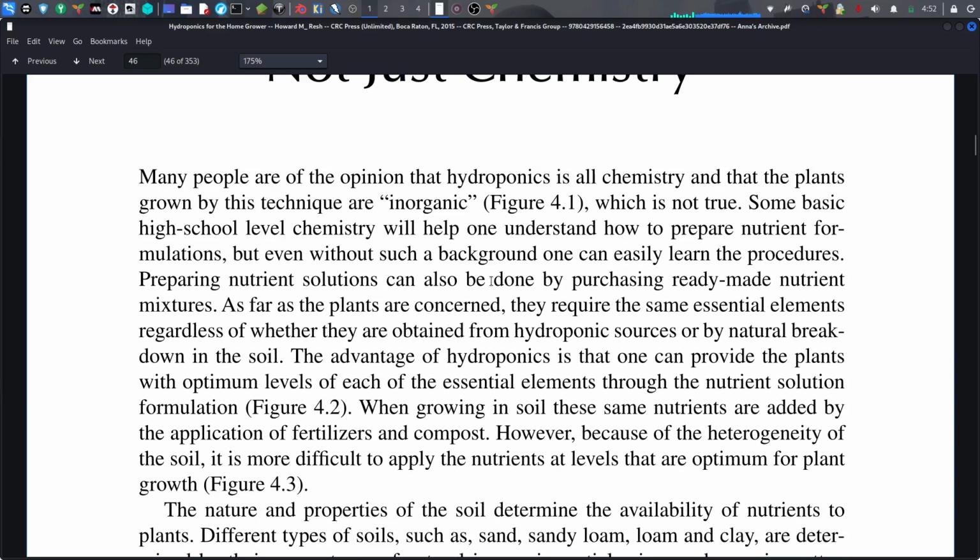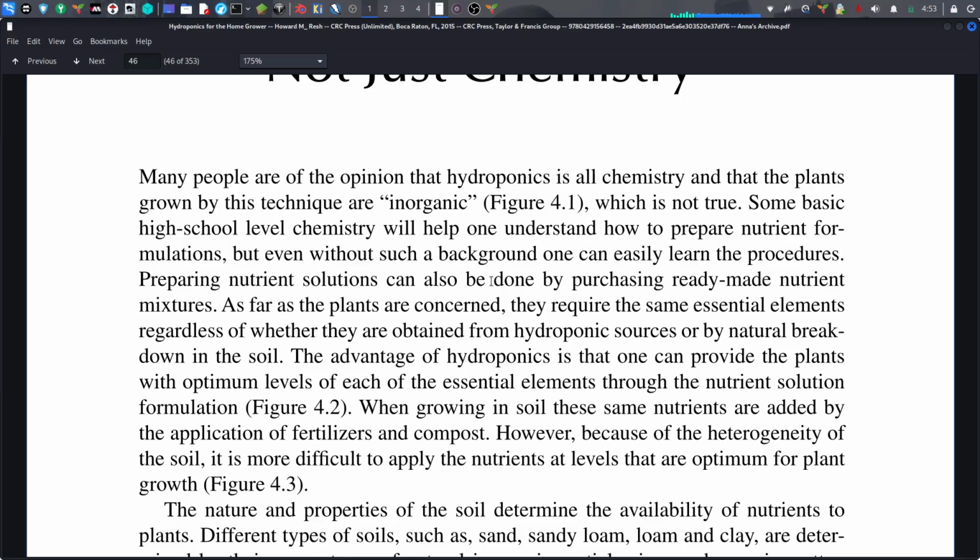Some basic high school level chemistry will help one understand how to prepare nutrient formulations. But even without such a background, one can easily learn the procedures. Preparing nutrient solutions can also be done by purchasing ready-made nutrient mixtures.